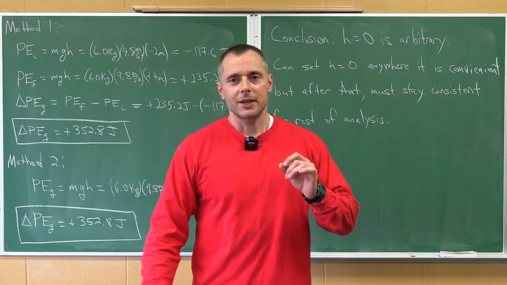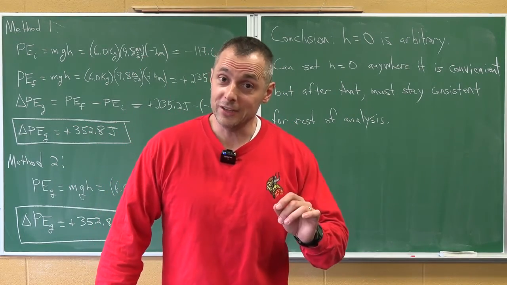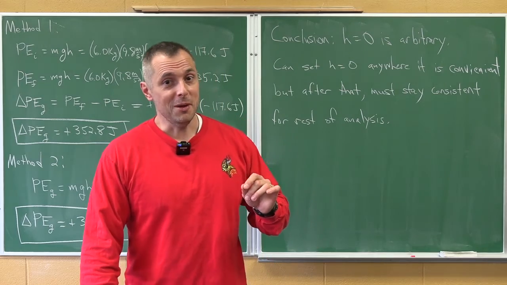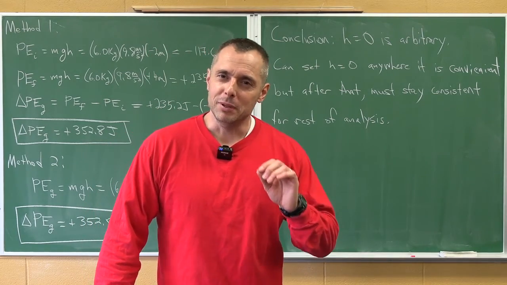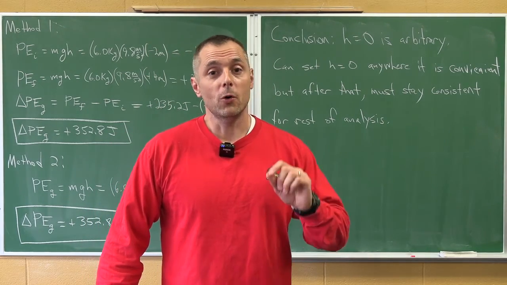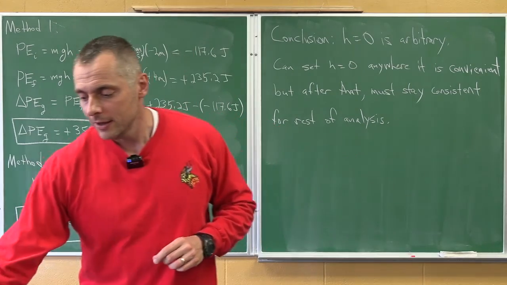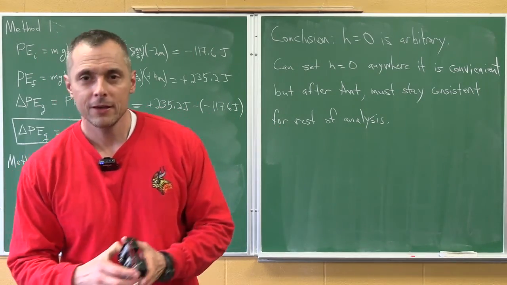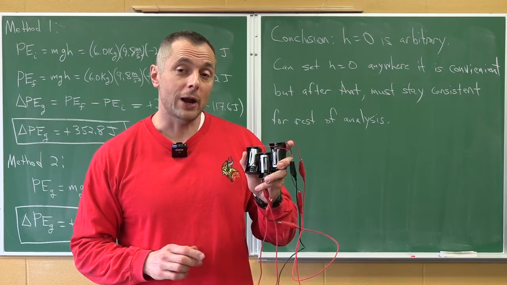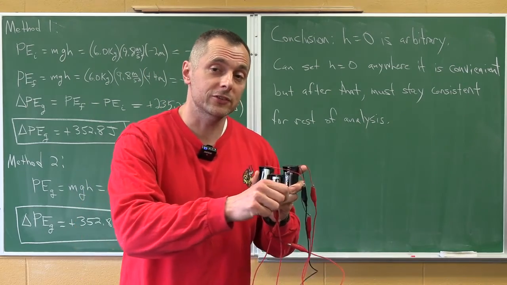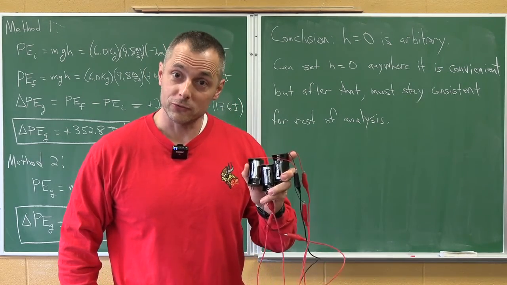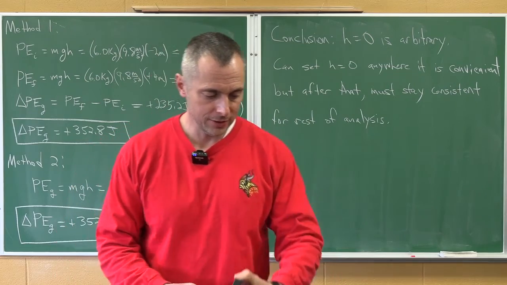All right, so let me remind you, what is energy? Do you remember? It's the ability to do work or the transfer of work. These batteries push electrons around a circuit with a force times distance. So it's transfer of work to the electrons.